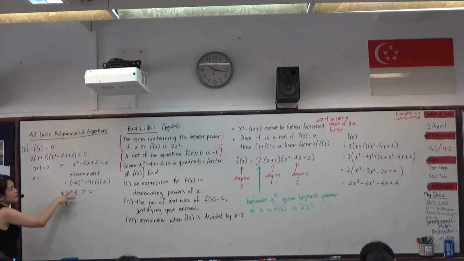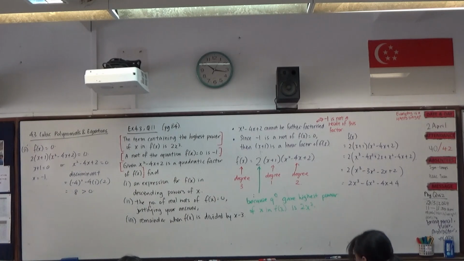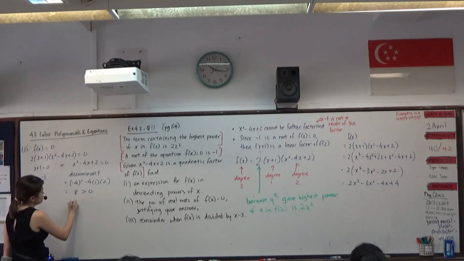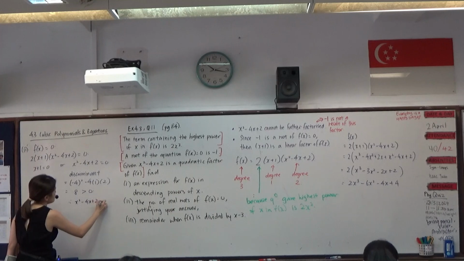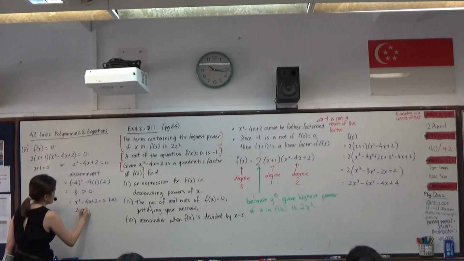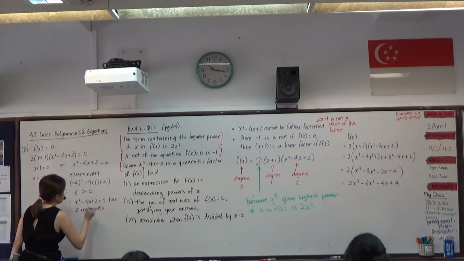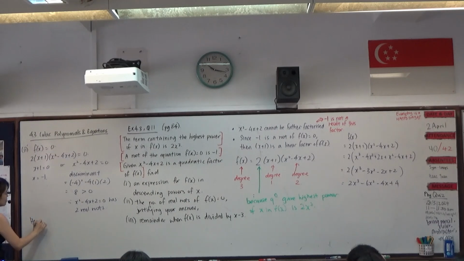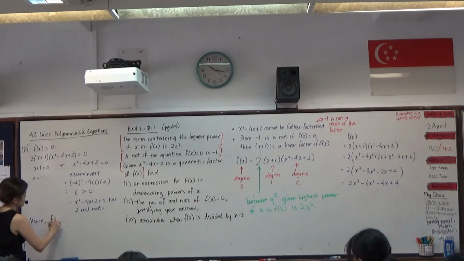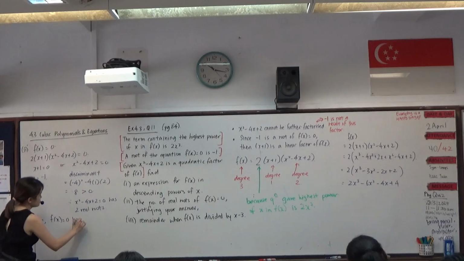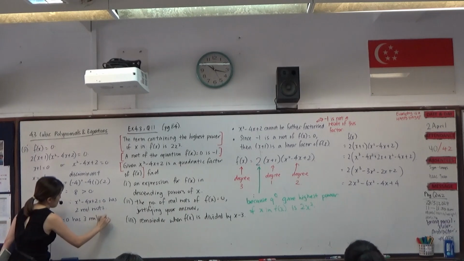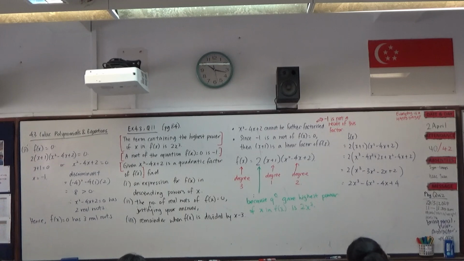So that means over here, it will generate how many real roots? 2. Therefore, x squared minus 4x plus 2 equals 0 has 2 real roots. Hence, in conclusion, f(x) equals 0 has 3 real roots. Okay, so everything here is the justification towards having 3 real roots. Right, so we cannot forget our discriminant.